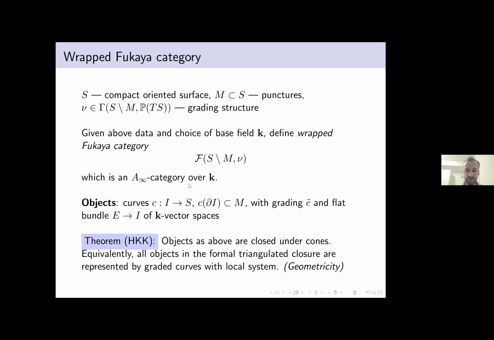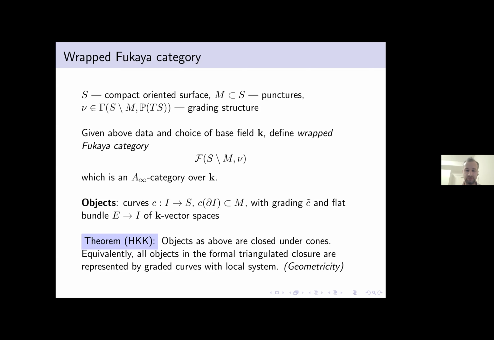If you look at these sorts of objects, a curve with this grading, which is not particularly important, just some discrete choice, and flat bundles over it, then they form some infinity category, and the theorem states that this infinity category is already triangulated. So it has shifts, direct sums and cones. It's clear it has shifts because you change the grading. It's clear it has direct sums: you take the disjoint union of curves. But the tricky part is that it also has cones.